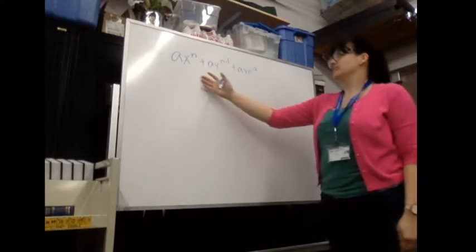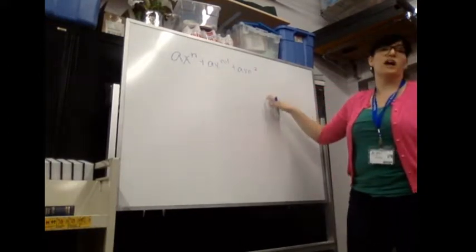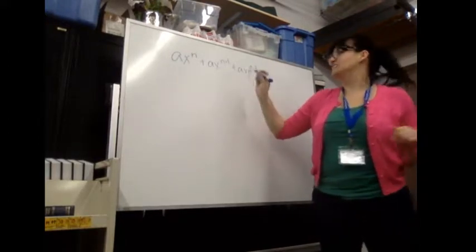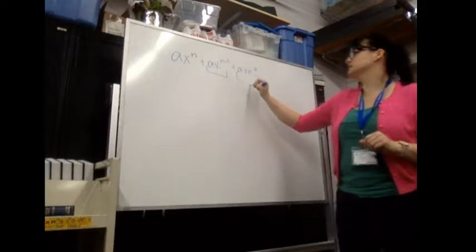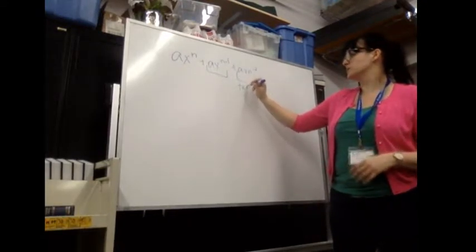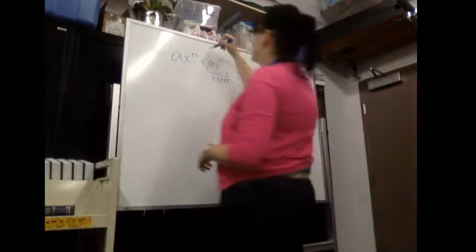They are expressions like this of decreasing degree, where x has coefficients. Everything in between the plus or minus signs is a term. So these are terms, and the whole thing is a polynomial.